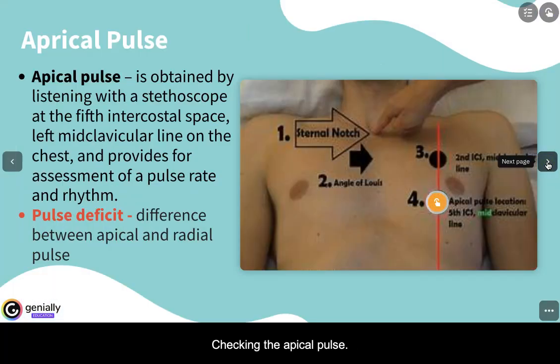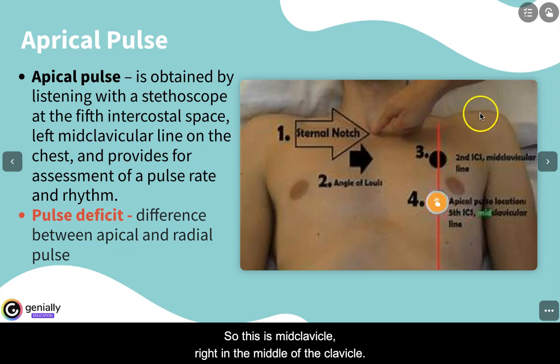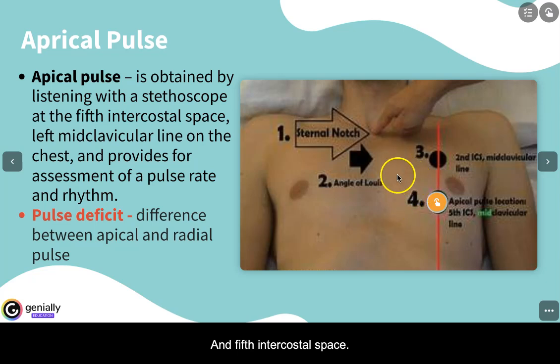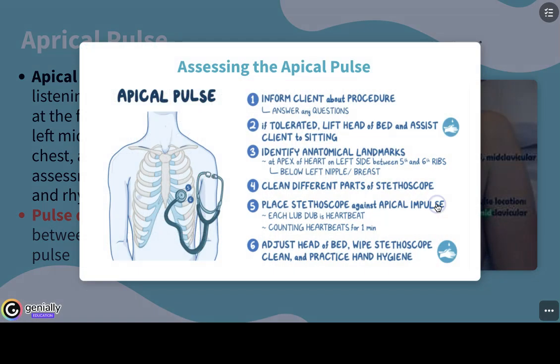Checking the apical pulse. The apical pulse is obtained by listening with the stethoscope at the 5th intercostal space mid-clavicular line on the chest, which is right here. So this is mid-clavicle, right in the middle of the clavicle, and fifth intercostal space, right down here, is your apical pulse. So when you're checking the apical pulse, first, you inform the client what you're going to do.